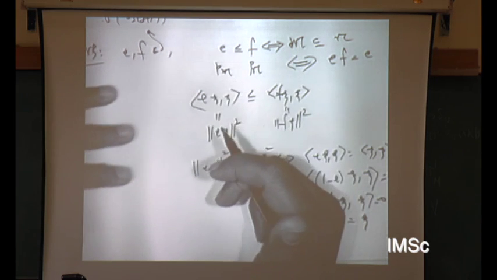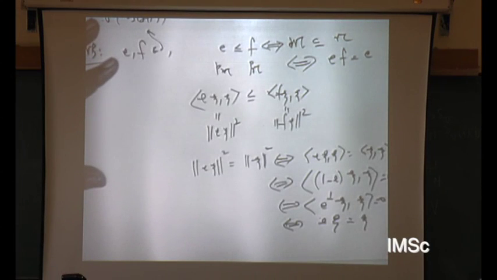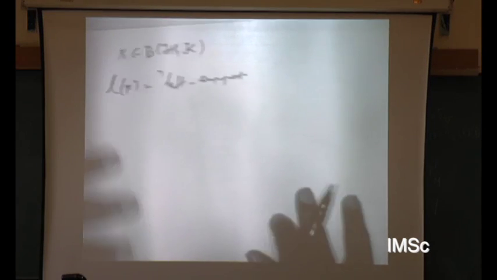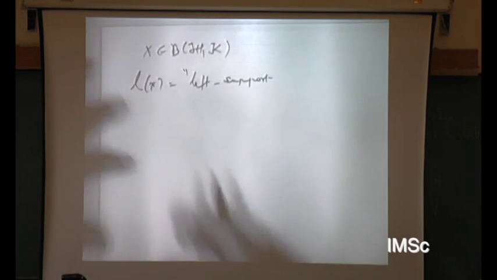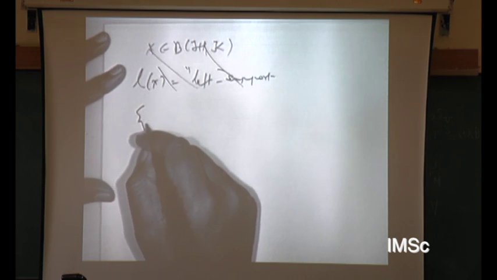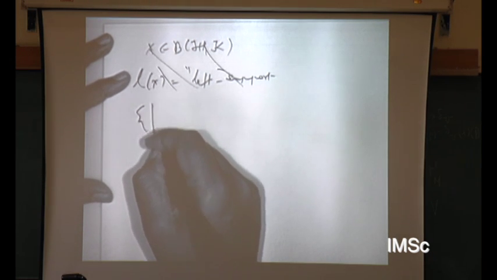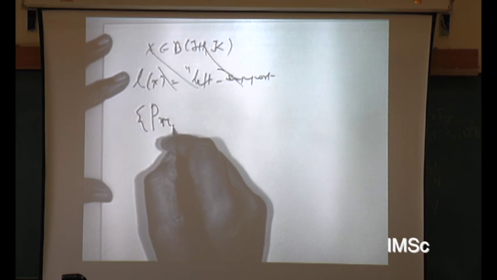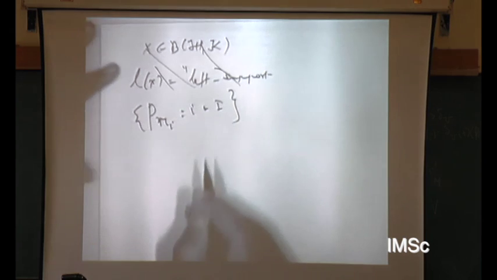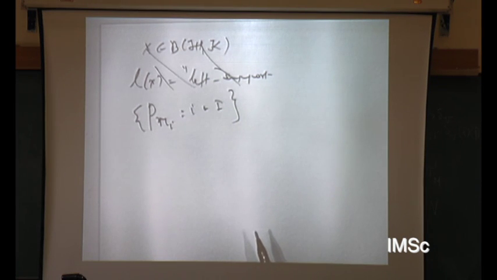Right? But if you go to the level of subspaces, it's not surprising at all, right? If you take a collection of subspaces M sub i, any collection of projections, and they're in bijection with subspaces.